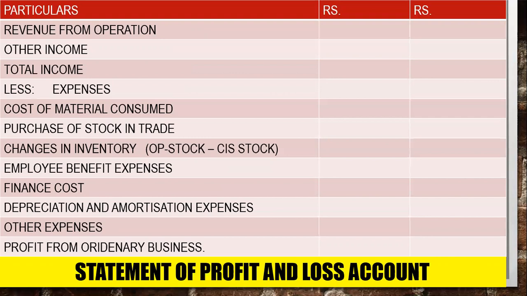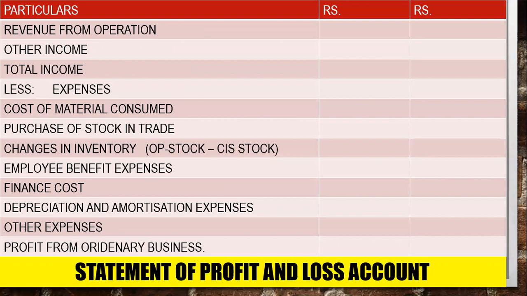Purchase of stock, no need to prepare. Changes in inventory, no need. For employee benefit, you can prepare notes to accounts, like the salary and wages you are giving to your employees. For finance cost, if only one finance cost like interest is there, you need not prepare.